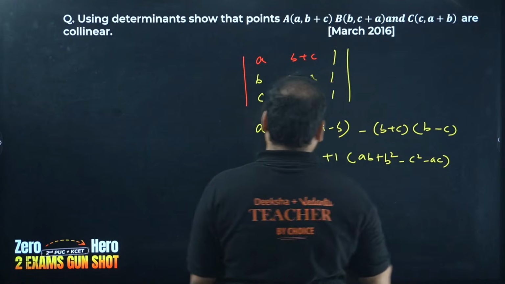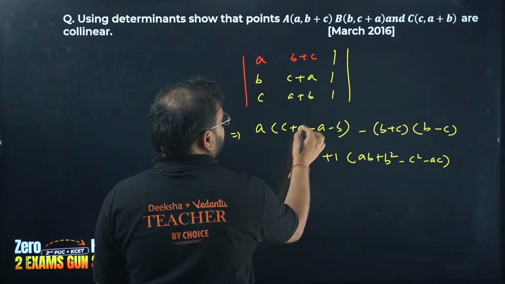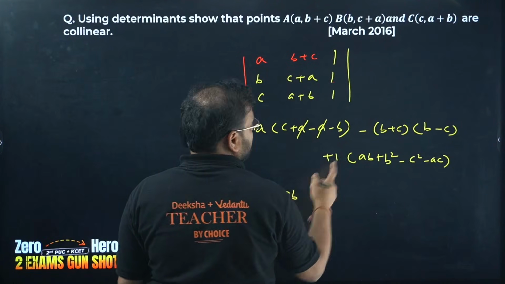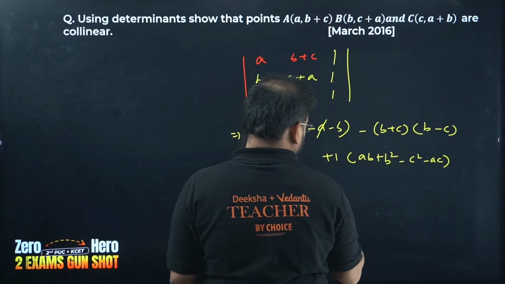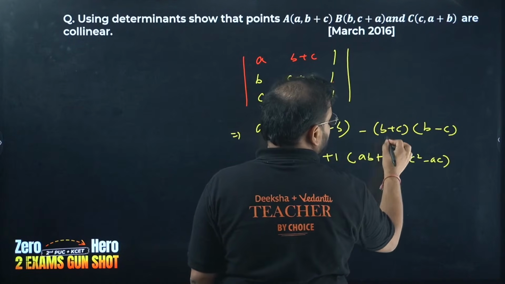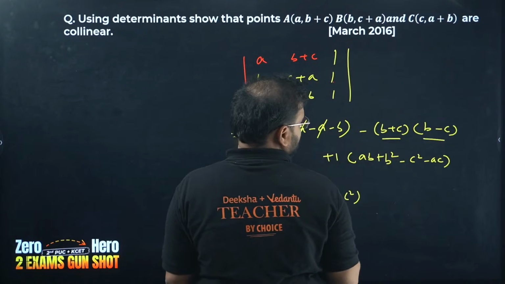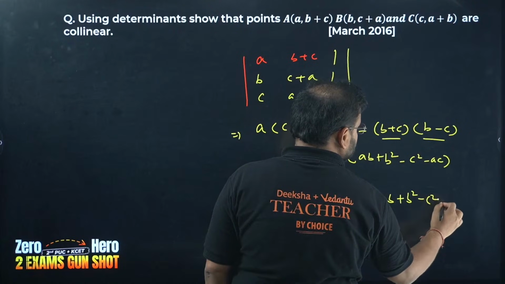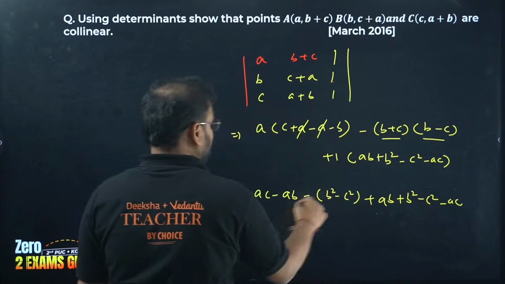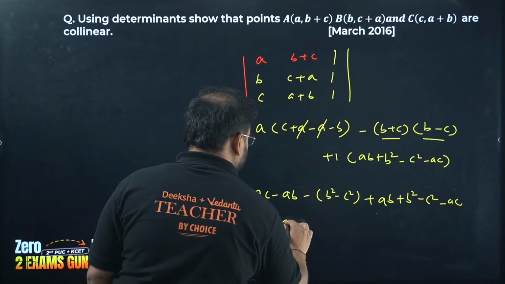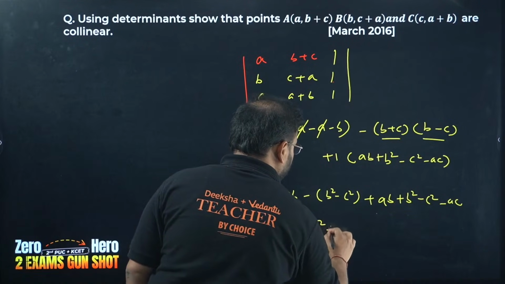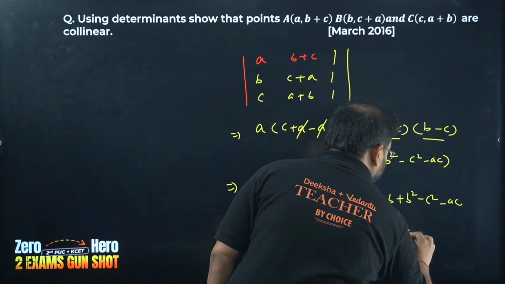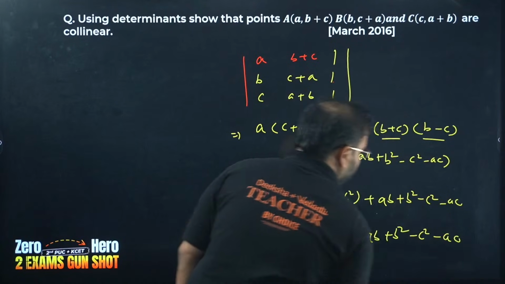Let's check. We're getting A and A cancelled. We have AC minus AB. Over here we have simply B square minus C square. Check this formula. And over here we have AB plus B square minus C square minus AC. Expand now. AC minus AB minus B square plus C square plus AB plus B square minus C square minus AC.